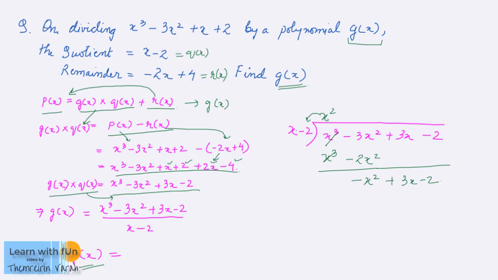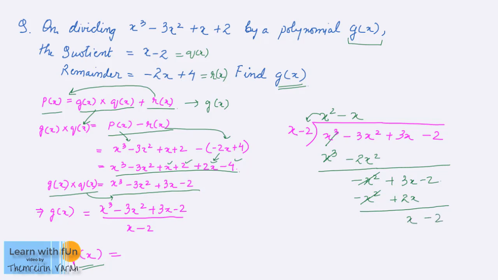Now we multiply x by minus x square, minus x into x is minus x square. Then minus x into minus 2 gives plus 2x. Minus x square minus minus x square is 0, 3x minus 2x is 1x, and minus 2.